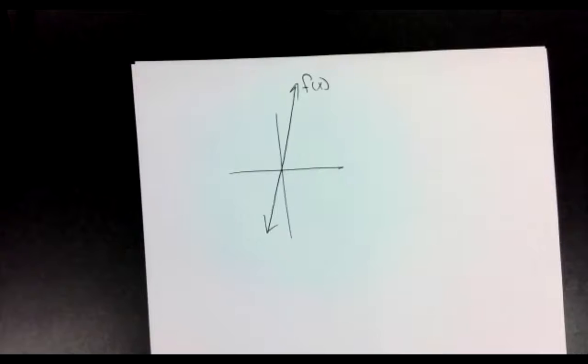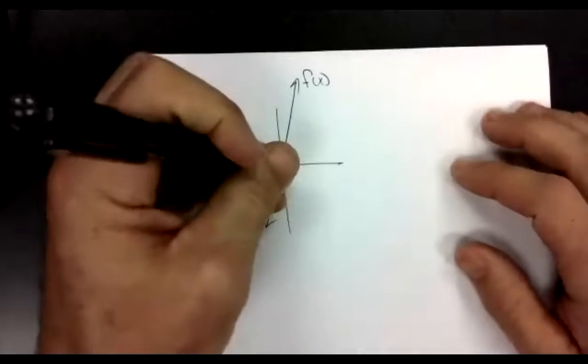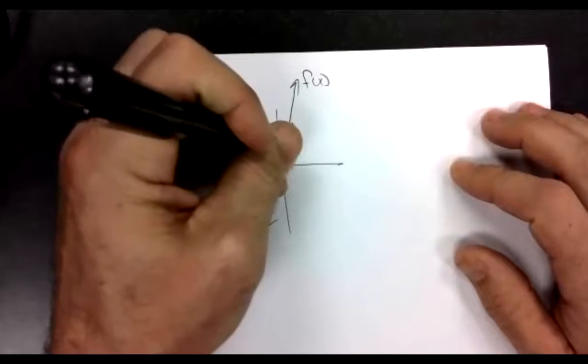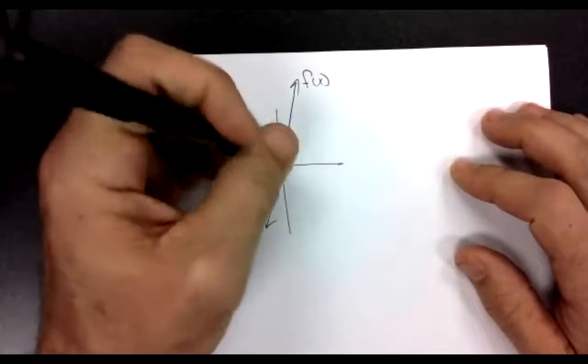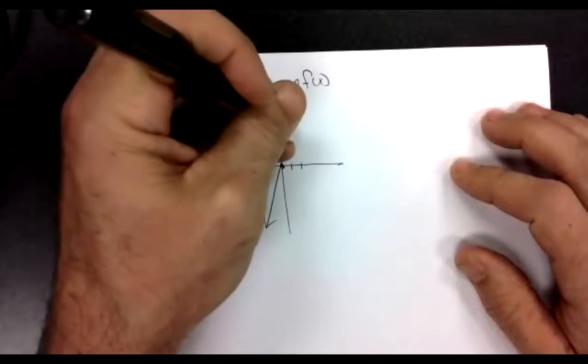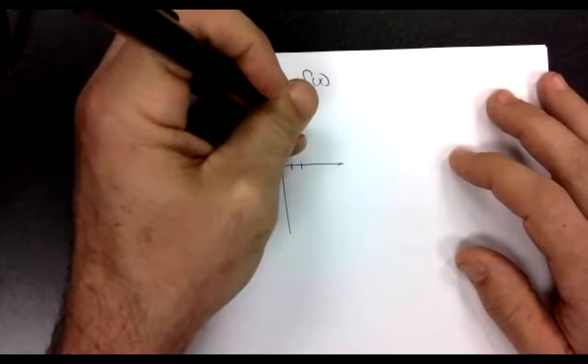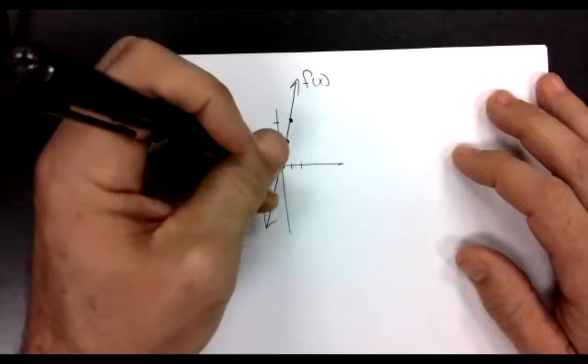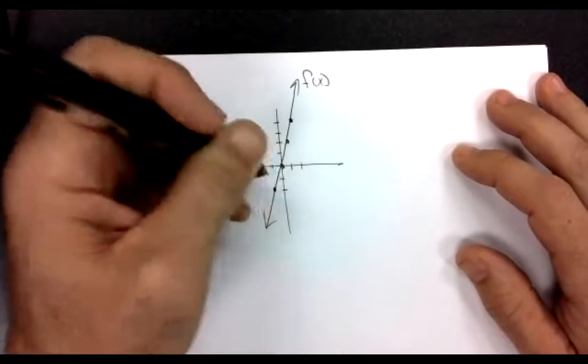Okay, so if this is my graph of f of x, we're going to pretend like we're going through 0, 0. Okay, that's the 0.12. So it goes through 2, 4, and then -1, -2.